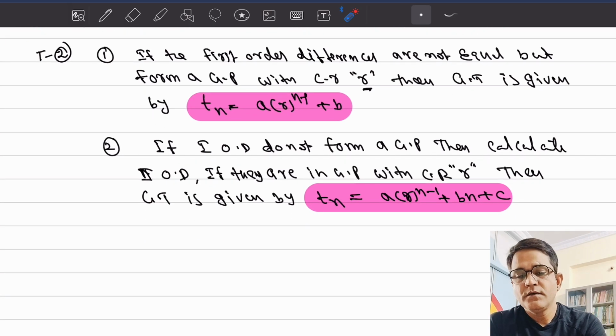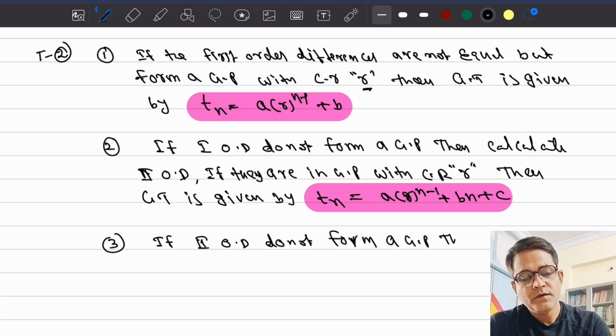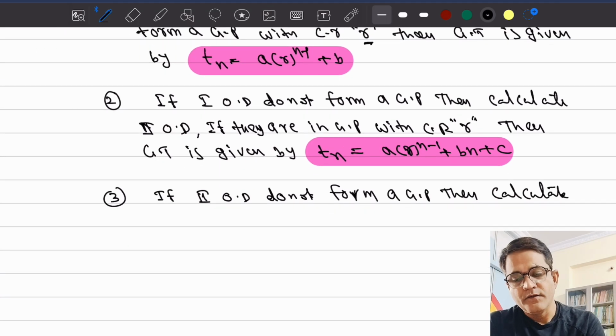Next, suppose the second order differences do not form a GP, then calculate third order differences.